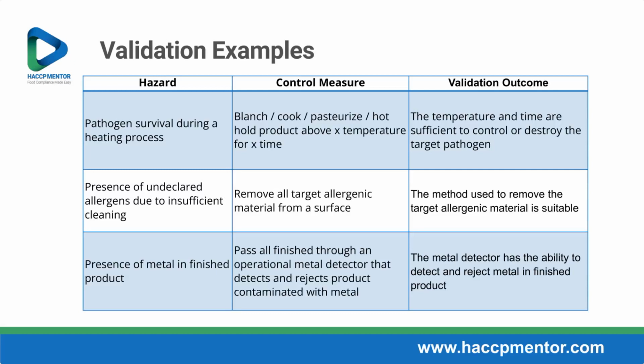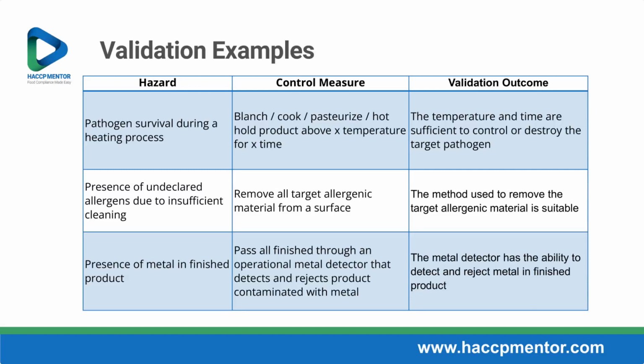Okay, let's look at the next one, which is the presence of undeclared allergens due to insufficient cleaning. We've said that our control measure for this particular hazard is going to be to remove all target allergenic material from a surface. When we talk about target allergenic material, it could be peanut, tree nuts, crustaceans, soy, whatever.